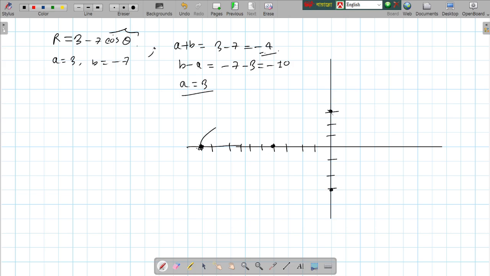So this is the graph of r equals 3 minus 7 cos theta.